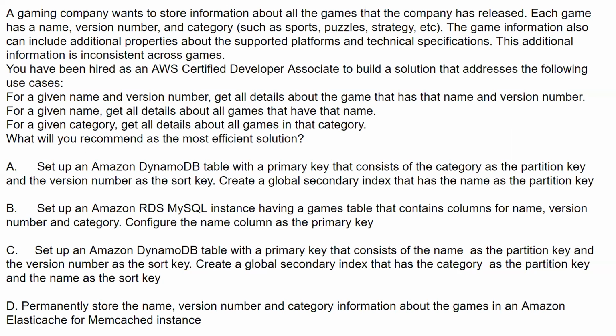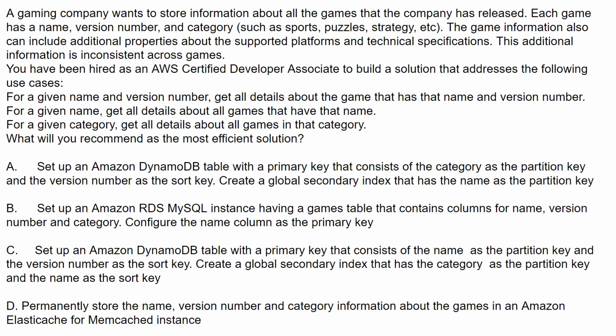A, set up an Amazon DynamoDB table with a primary key that consists of the category as the partition key and the version number as the sort key. Create a global secondary index that has the name as the partition key. B, set up an Amazon RDS MySQL instance having a games table that contains columns for name, version number, and category.